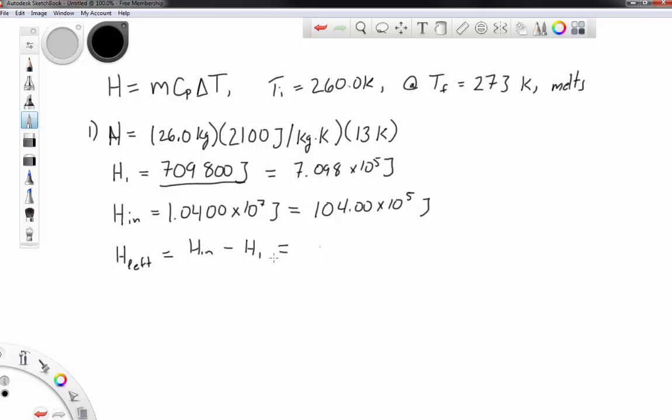So that means that the difference, what's left over, is the difference between these two numbers. So after getting the ice to melting temperature, we're left with roughly 9.693 times 10 to the 6 joules. We're just subtracting this number from this number and then rounding as appropriate. This thing right here should be a 2, not a 3.